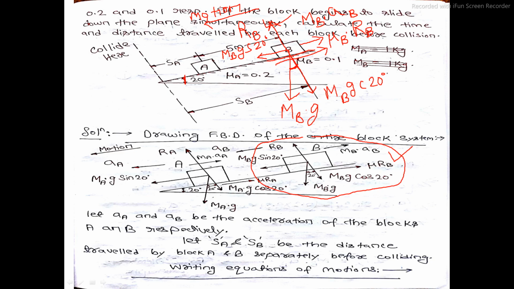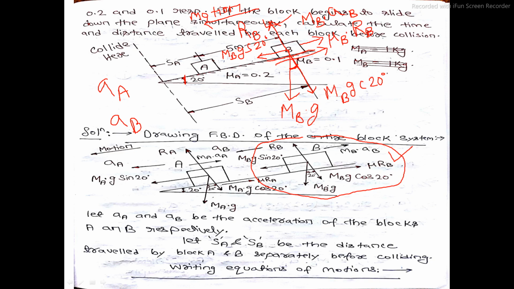So the block at SA will reach the colliding point first and then the block at SB will reach. So remember, in this problem the acceleration of the two blocks will never be the same. That is why for block A I have written the acceleration of block A as small a suffix capital A, and the acceleration for block B as a suffix capital B.